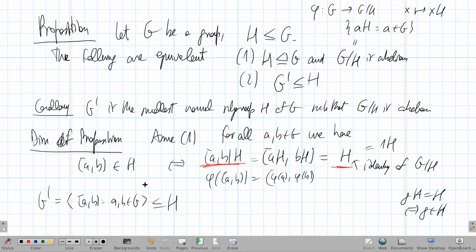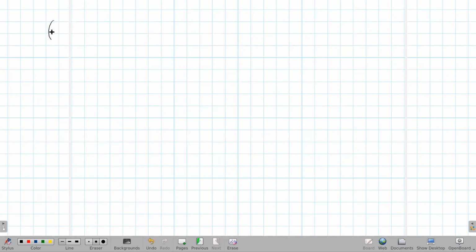Because H is a subgroup containing all commutators, and G prime is, by definition of the generated subgroup, the smallest subgroup containing all commutators. So what have we seen? We've seen that if a subgroup is normal and the quotient is abelian, then it contains G prime. And now let's see the other direction. Assume 2.